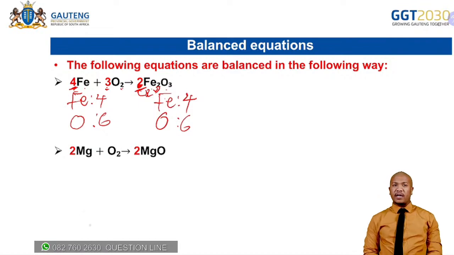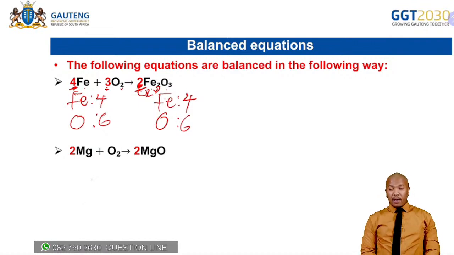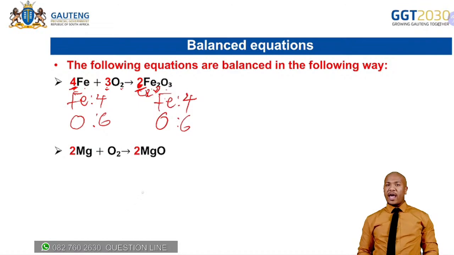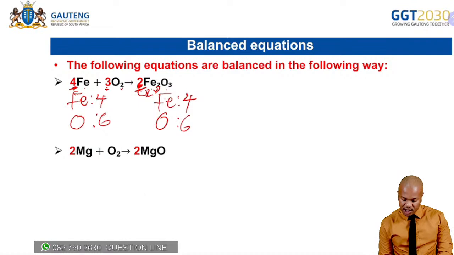So now the second one: 2Mg plus O2 equals 2MgO. What does this mean? It means it is balanced in such a way.